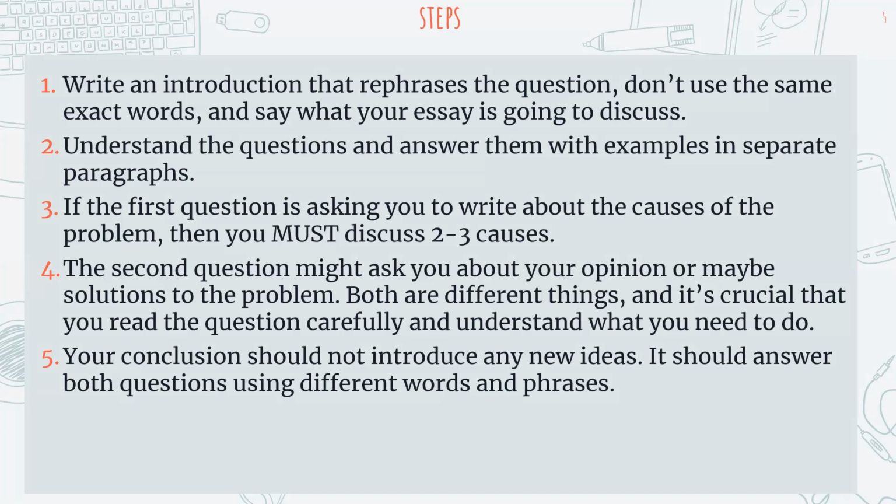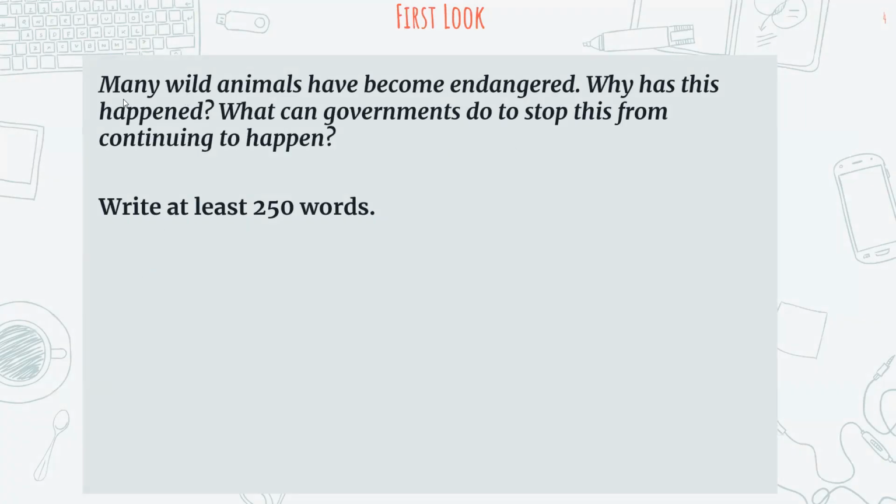If we go back for a minute, the question, don't use the words many wild animals and have become endangered. Don't use this sentence, many wild animals have become endangered. Don't use the same exact words. Think about alternatives, synonyms, paraphrases. Okay.